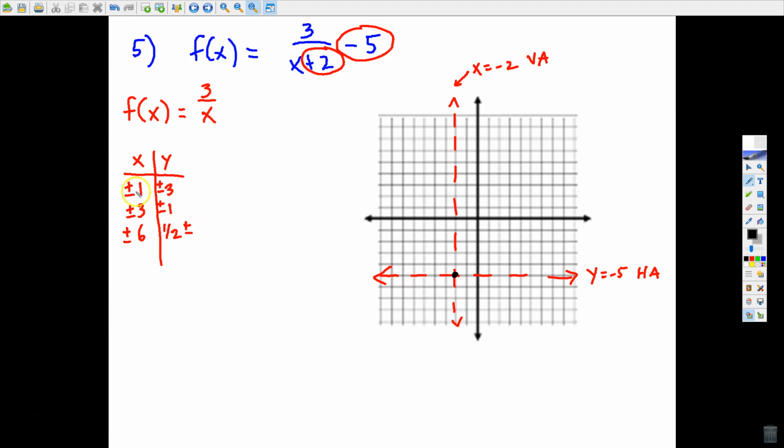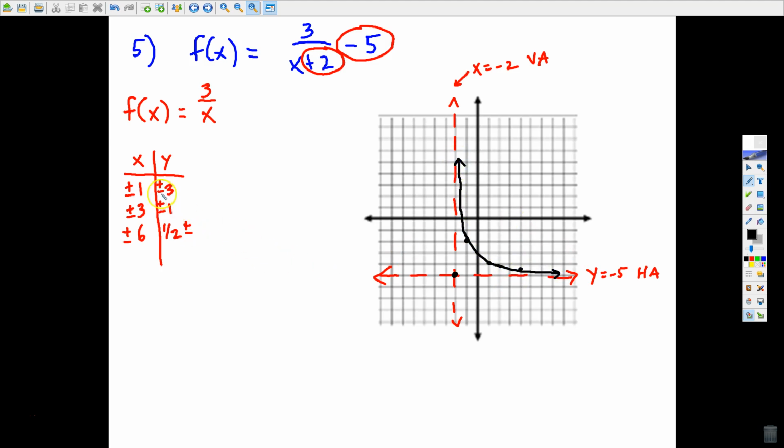So let's just do our 2 branches. So we're going to plot the point 1, 3. We'll plot 3, 1. And we'll plot 6, 1/2. And that becomes one of our branches, just following the horizontal and the vertical asymptotes.